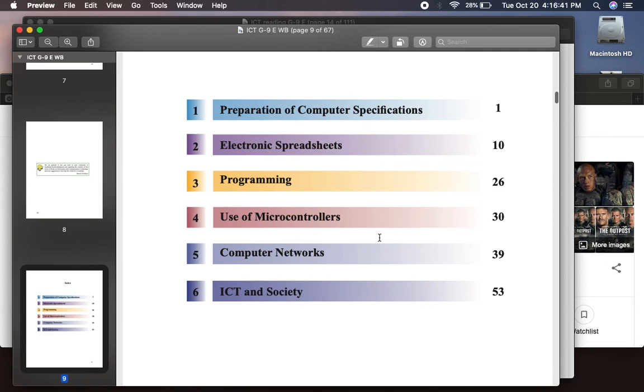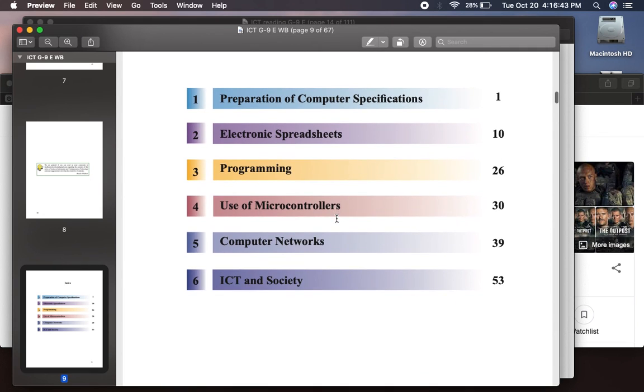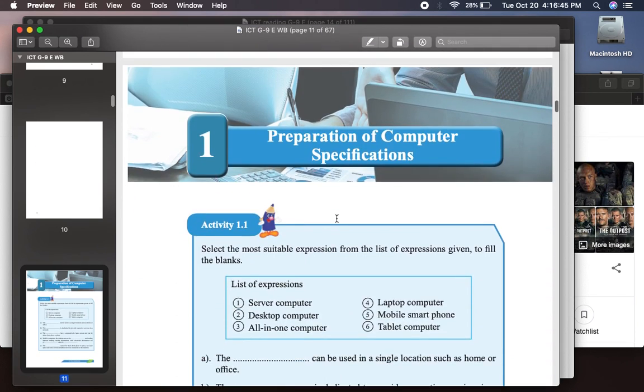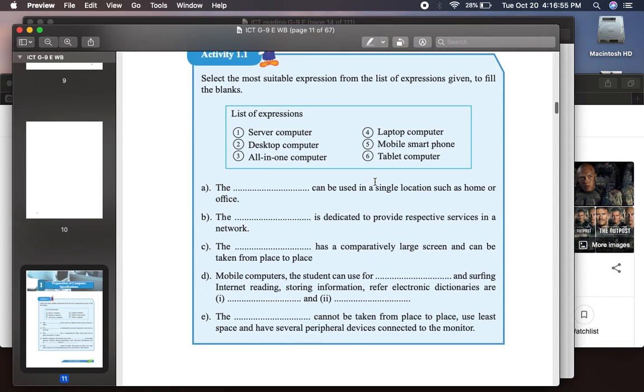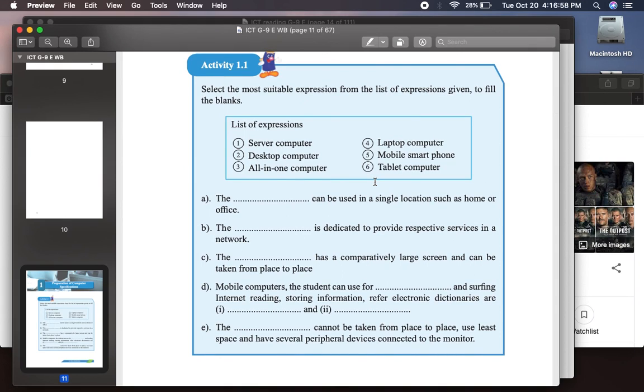As you can see, it's the same breakdown of topics, and lesson 1 in the workbook, preparation of computer specifications, activity 1.1. Select the most suitable expression from the list of expressions given to fill the blanks.